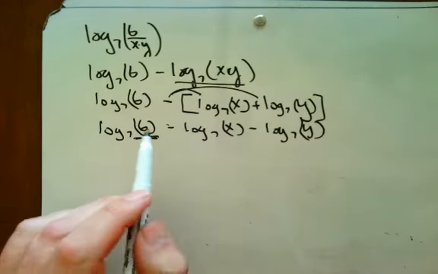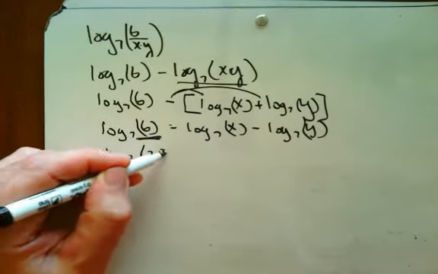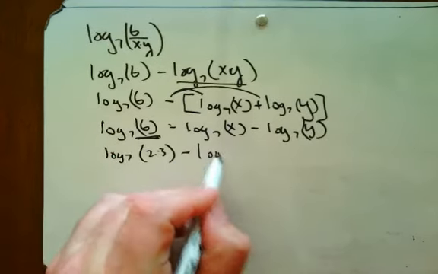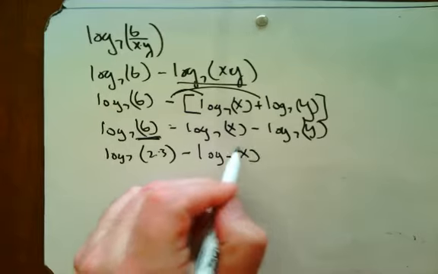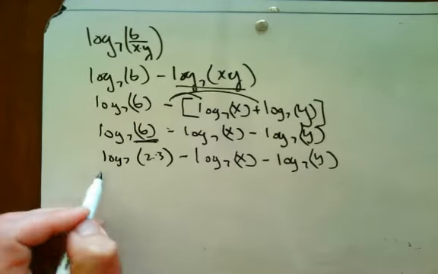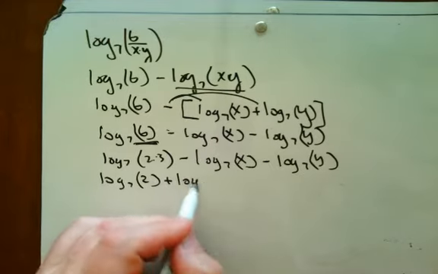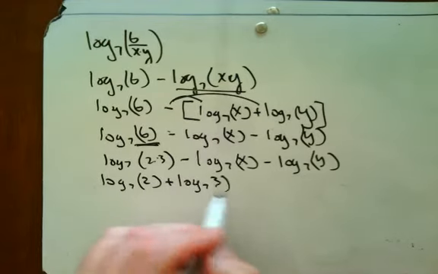Now, I will tell you that for my brain, I think it's easier to say if things are on the bottom, then they're going to have minuses. If things are on the top, then they're going to have pluses. Are we done with this expansion? Oh no, look, that's a product. That's a product of 2 times 3.